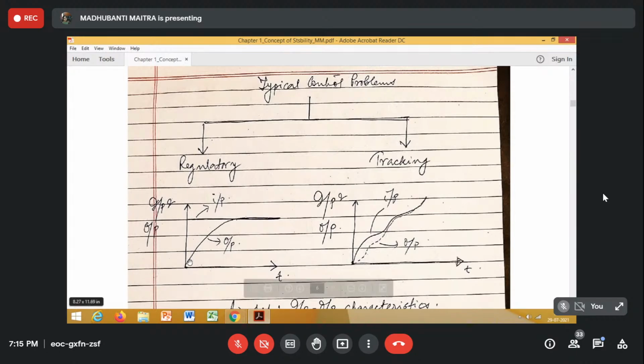It might so happen that if the room temperature was lower than, say, 25 degrees centigrade, then because of the presence of the controller, the room temperature will start increasing, and finally, after a while, you see that the output temperature or the actual temperature of the room, or basically the output response of the system, is converging with the input signal impressed upon the system, right?